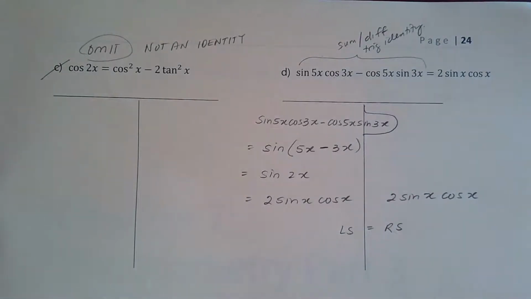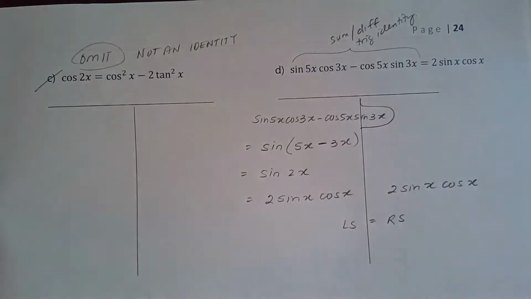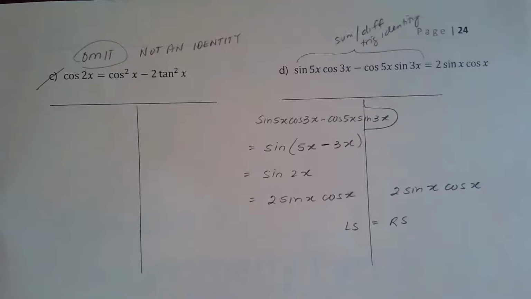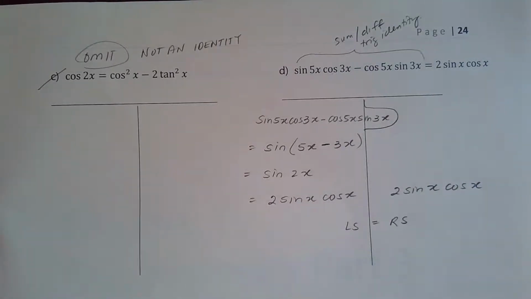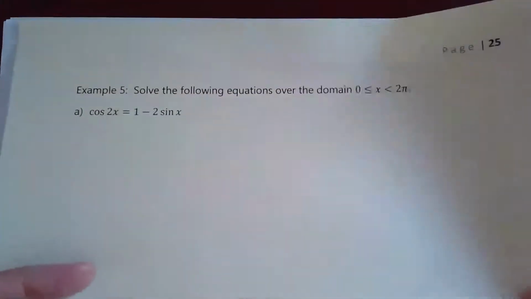Okay, so what have we done so far? We've talked about evaluating expressions. We also talked about proving identities using the double angle trig identities. The last bit, the last two examples, is solving.